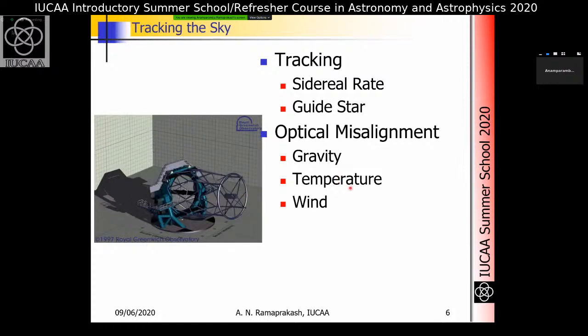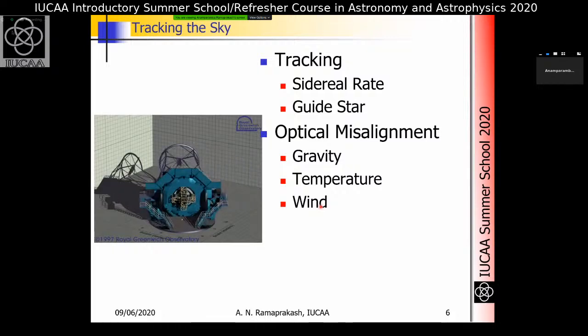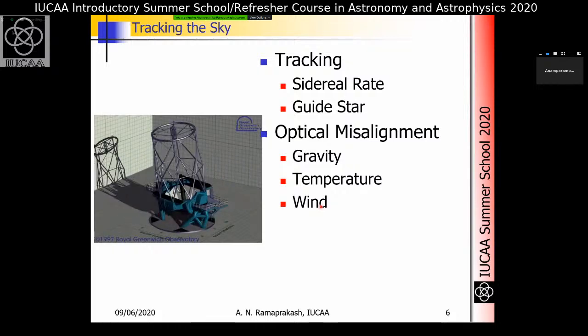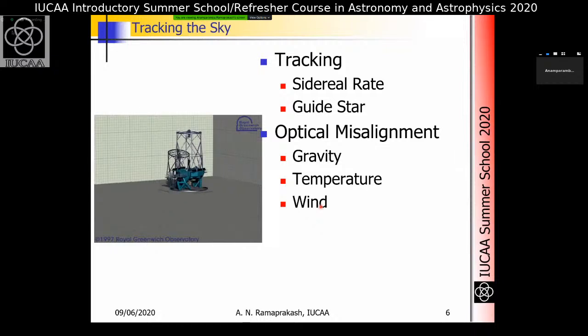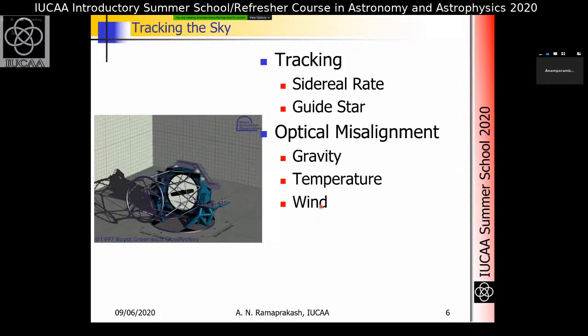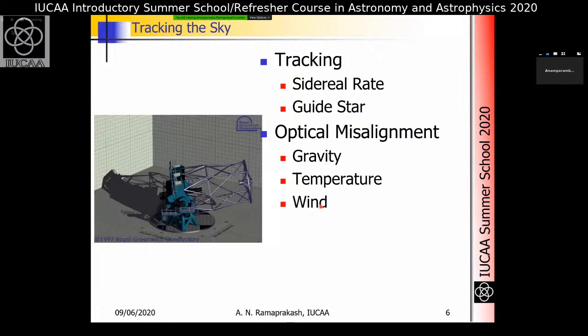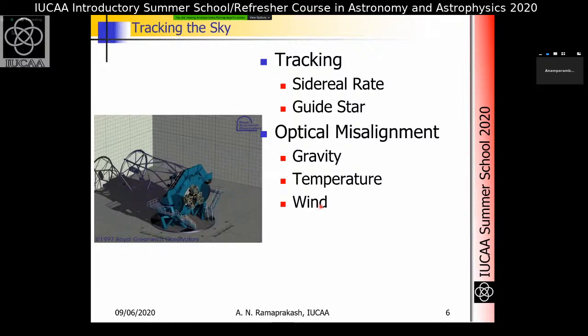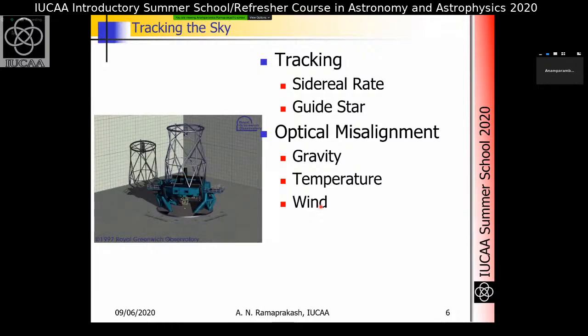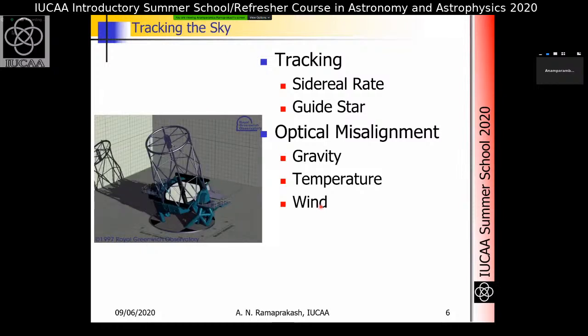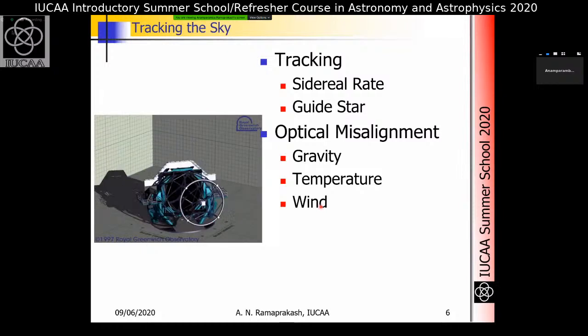Temperature variations and wind variations affect the tracking. In spite of all these real life disturbances, which the mechanism has to face at an observatory location, the telescope has to keep tracking an object in the sky very, very accurately.